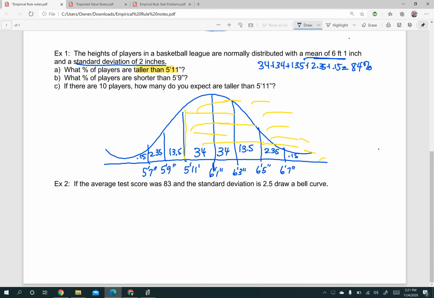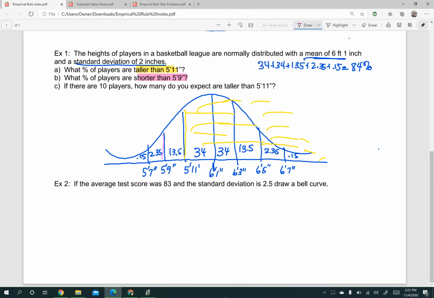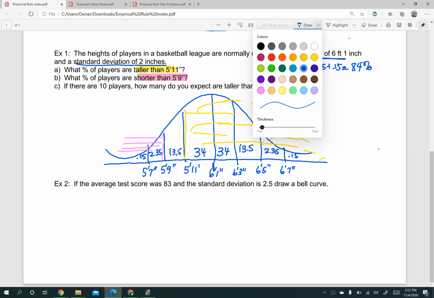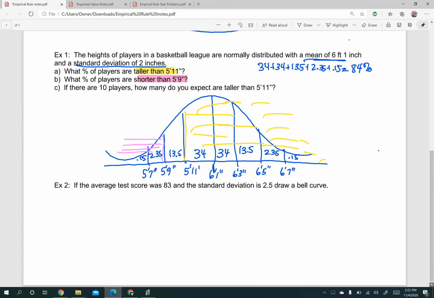Okay. And it says, what percent of players are shorter than 5 foot 9? Okay. So here's 5 foot 9 right here. And so shorter than 5 foot 9 is this one over here. So that would give us the values that are 2.35 and 0.15.